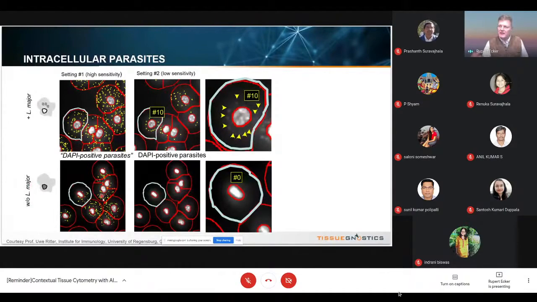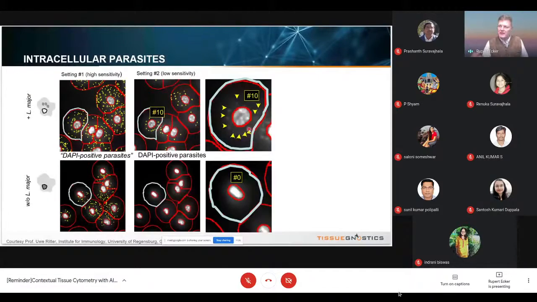So all the yellow dots we see here are in fact false positives. The algorithm here is too sensitive. We use this control in order to set the sensitivity of the algorithm so that nothing is detected, because there are no parasites in this control. And then the same settings are applied to our test samples, which contain the parasites. And what the algorithm finds now, these are really the parasites.